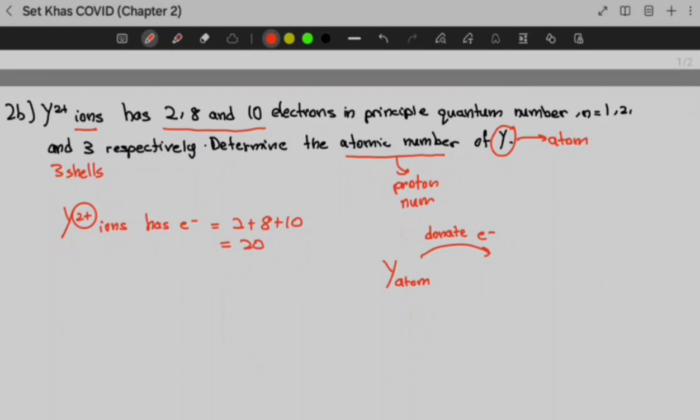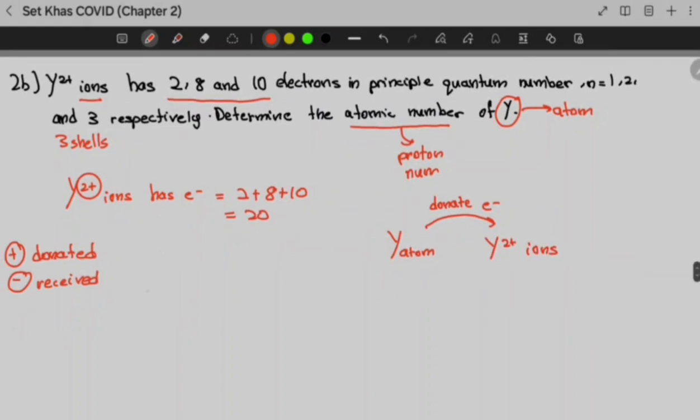Students tend to make a mistake here, so keep in mind plus means donated, negative means received. So the Y atom donates 2 electrons to become Y2+ ions. So to write the electronic configuration of the Y atom, when I write Y atom, that means there are 22. If I write the electronic configuration of Y2+, there will be 20 electrons in the Y2+ ion.